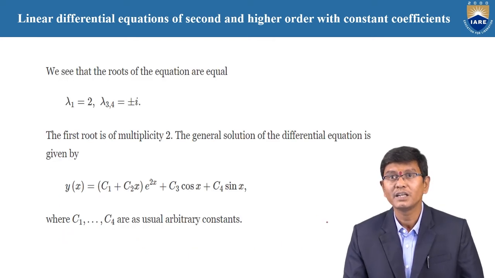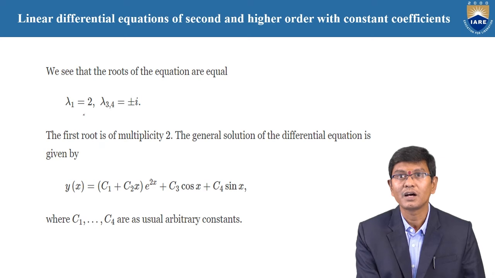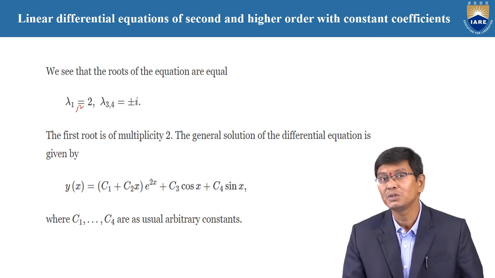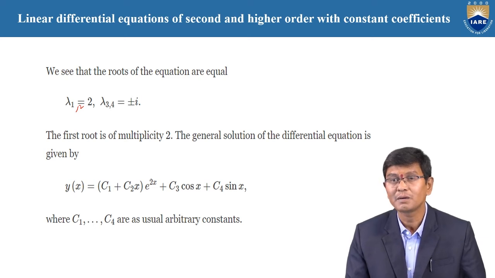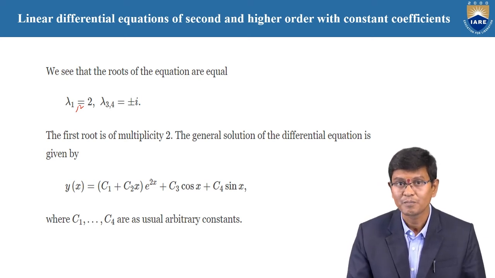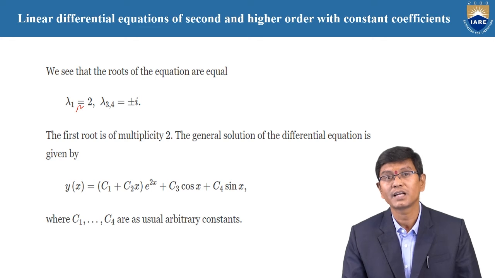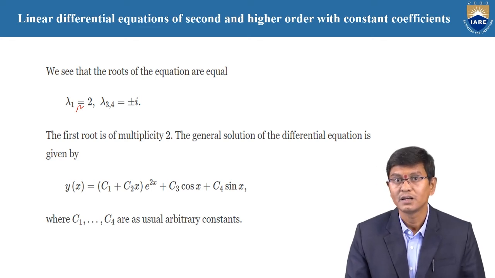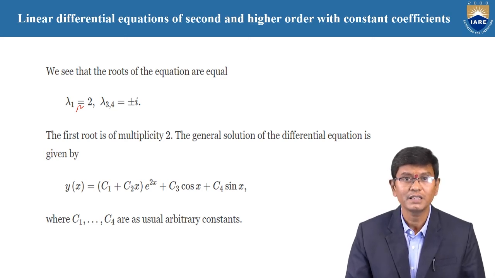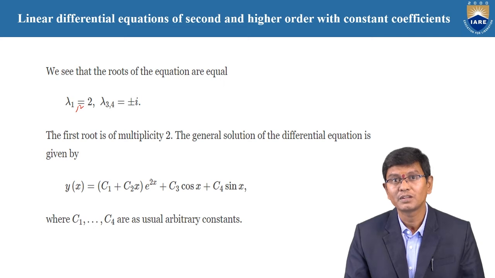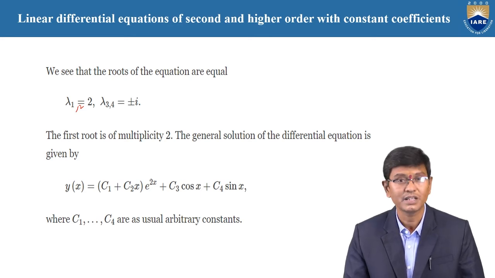Therefore, the roots are lambda 1 comma 2 is equal to 2. That means lambda is equal to 2 is a repeated root and lambda 3 comma 4 is plus or minus i, a complex root. Therefore, with the combination of the second case and fourth case, we need to write y of x is equal to (c1 plus c2x) into e power of 2x plus, with the help of the complex case, e power of 0x into (c3 cos x plus c4 sin x).